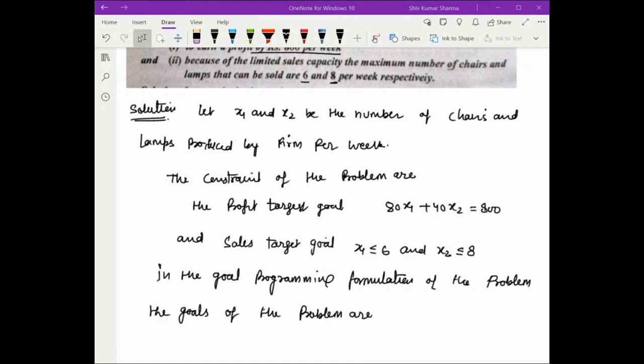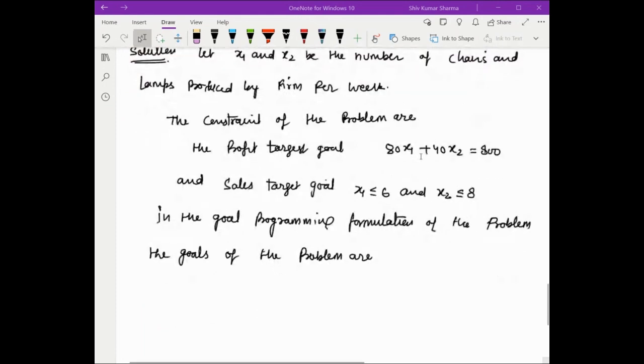That means we write the overachievements and underachievements of the target. The same way here we use the variables, overachievements and underachievements.